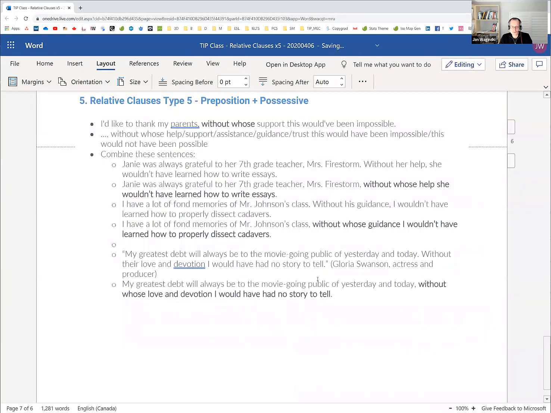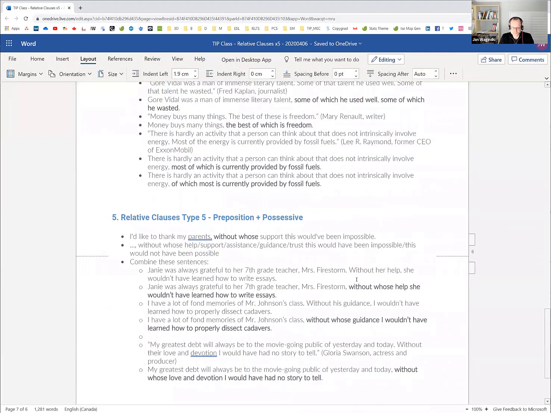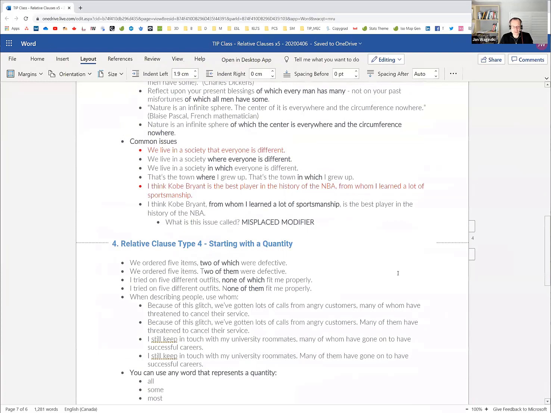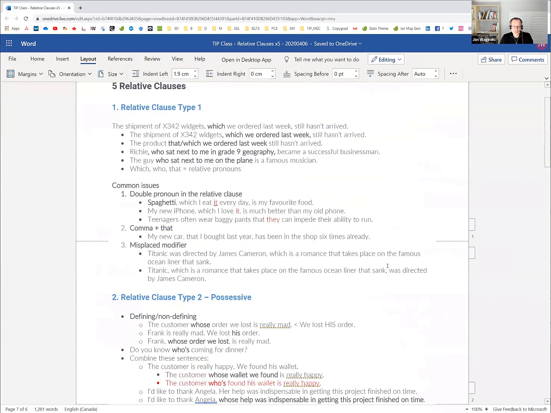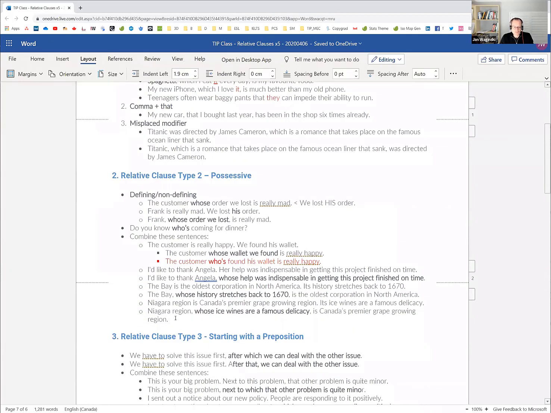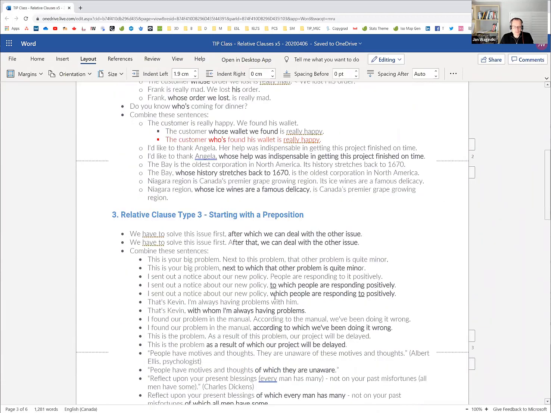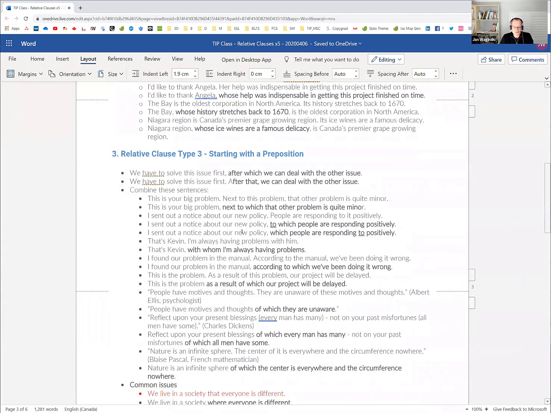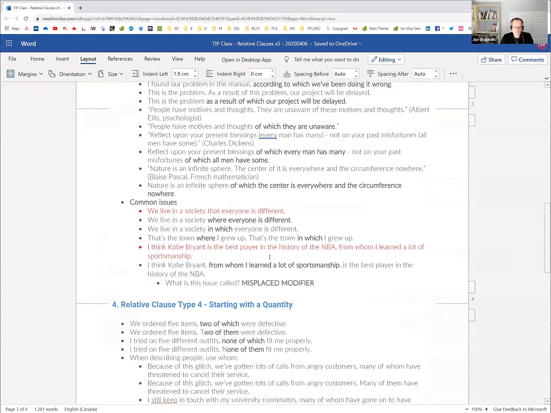Okay, so we went through 5 types of relative clauses, and that's from most common to least common. Possessive, we use quite often. These ones starting with a preposition, we use quite often.